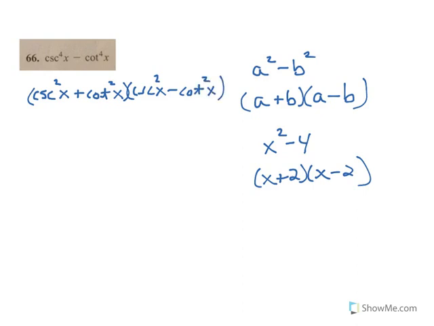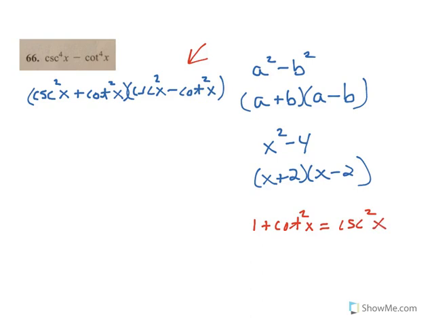So there's your a plus b, a minus b factored pattern. And then we can look to see if we have any Pythagorean identities that would help us to simplify this. So maybe if we look at this one, we know one of the identities, 1 plus cotangent squared is equal to cosecant squared. That was one of the Pythagorean identities.